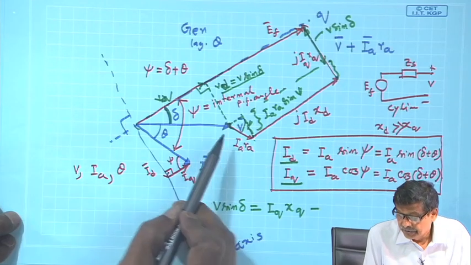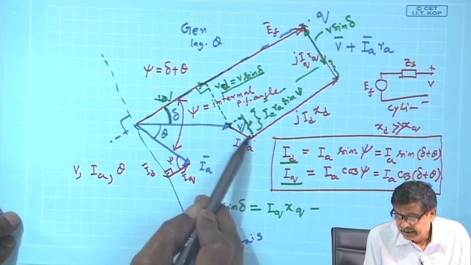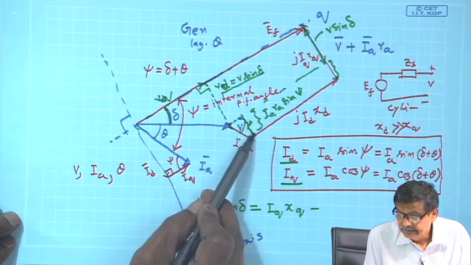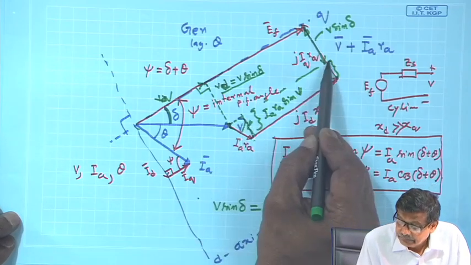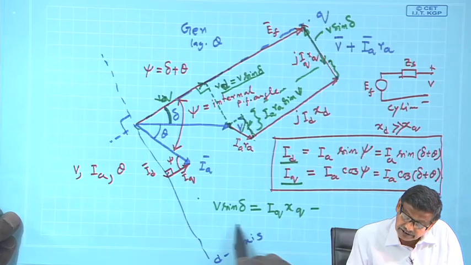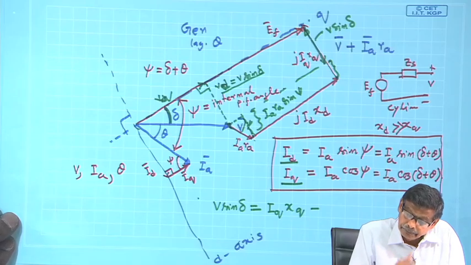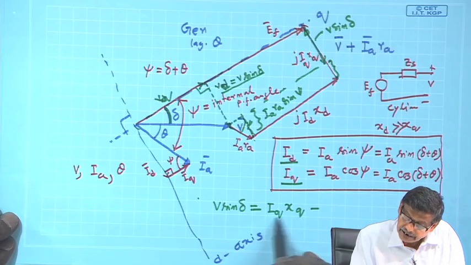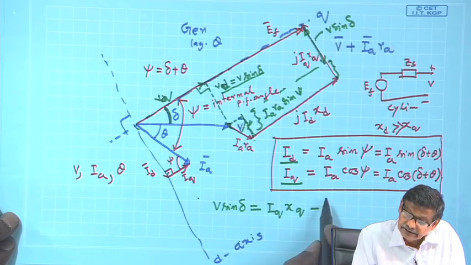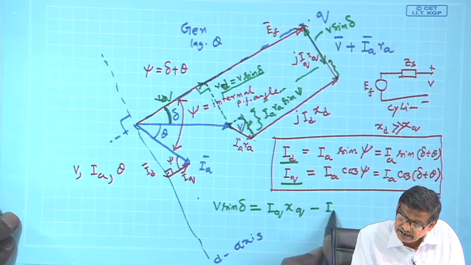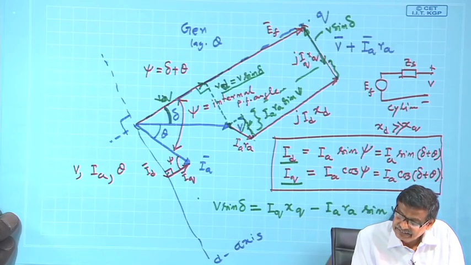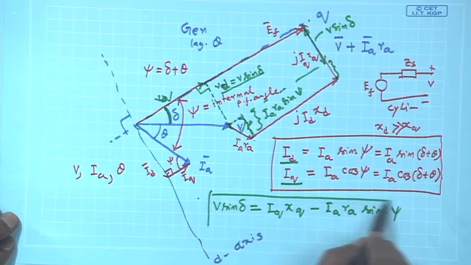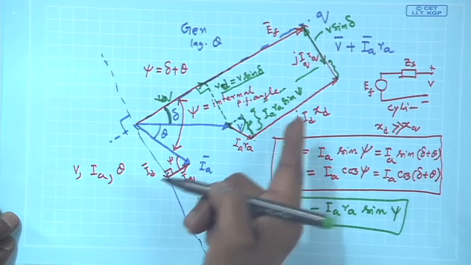Therefore, you take this projection I A R A sin psi and this length is nothing but this length. Therefore, I will say V sin delta is I q x q minus I A R A into sin psi. This must be true.